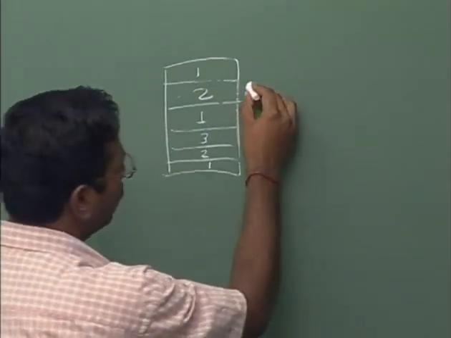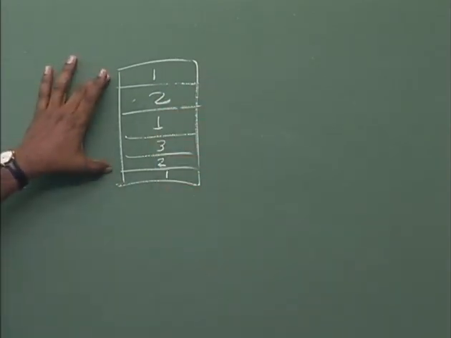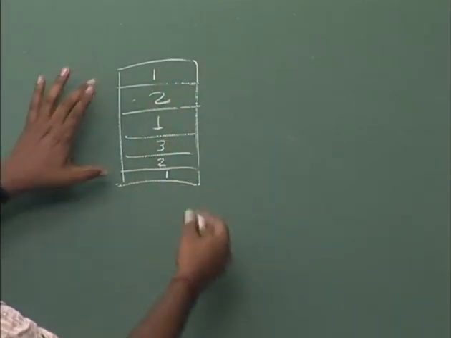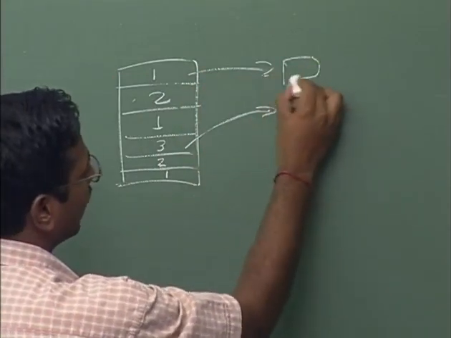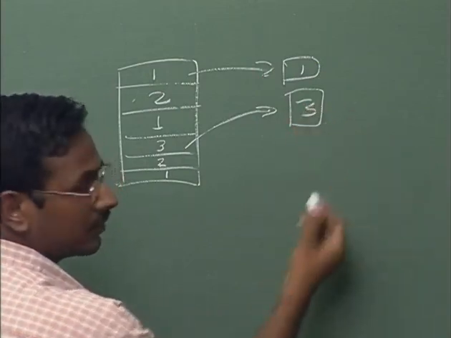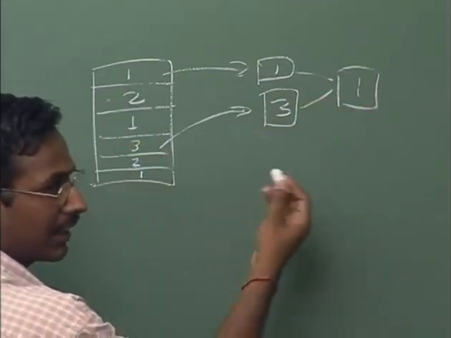When I do the tournament selection, I randomly pick 2 of the solutions from this set. For example, I draw this and I draw this. So this is rank 1 and this is rank 3. I pick one of them, that will give me the rank 1. I will select rank 1.